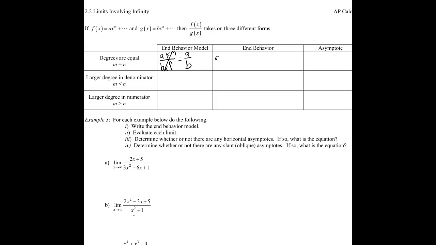So as x approaches infinity or negative infinity, your end behavior should approach a over b, because that would be your horizontal asymptote.